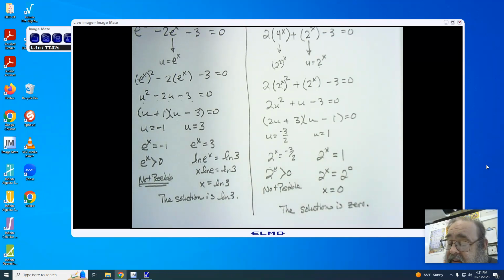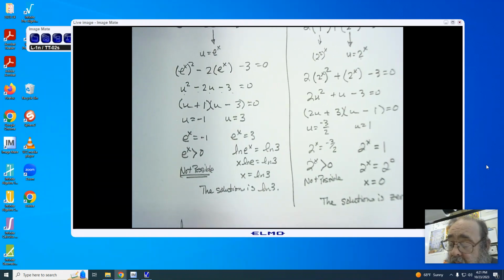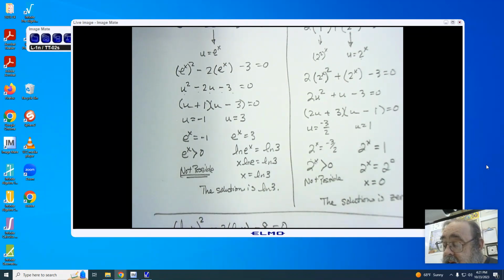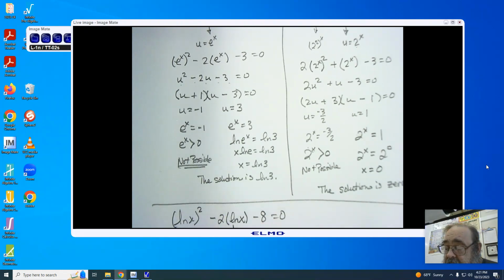All right, let's take a look at another one. What if I have the natural log of x, the quantity squared, minus 2 times the natural log of x, minus 8 equals 0. This is also a quadratic form. Take the middle term, and this time we're going to let u equal the natural log of x.